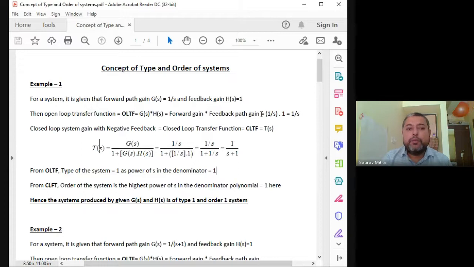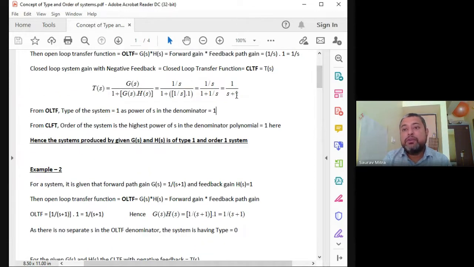So the open loop pole changes in closed loop. The open loop pole is S equal to 0, that is S at the origin, but the closed loop pole is S equal to -1. This is another example of explaining how an open loop transfer function system becomes stable in closed loop. S equal to 0, or the origin, is a critically or marginally stable system.